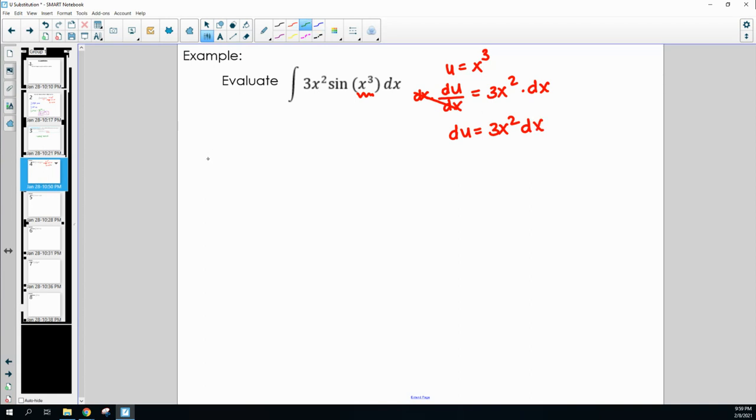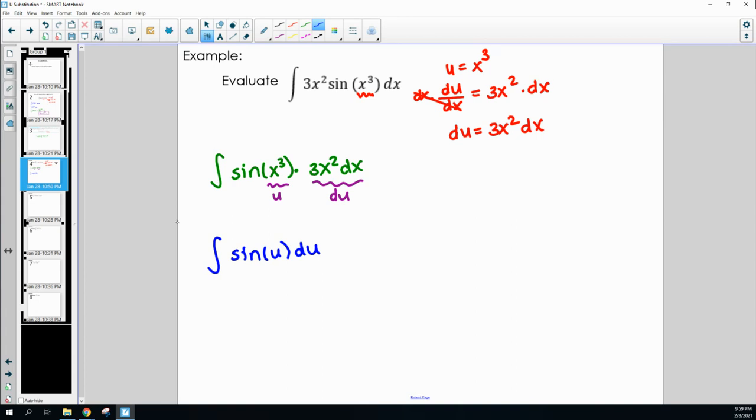So what I'm going to do again is just rewrite this. I have the sine of x cubed times 3x squared dx. Just to make sure we understand, this is our u, and this is our du. So when I rewrite this, I'm going to have the integral of the sine of u du.